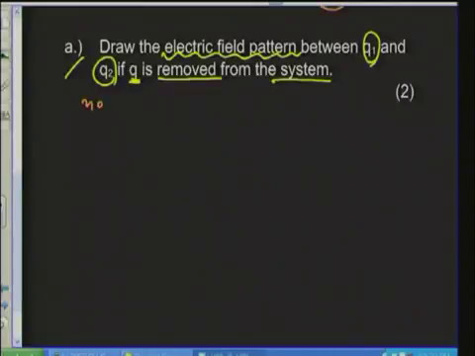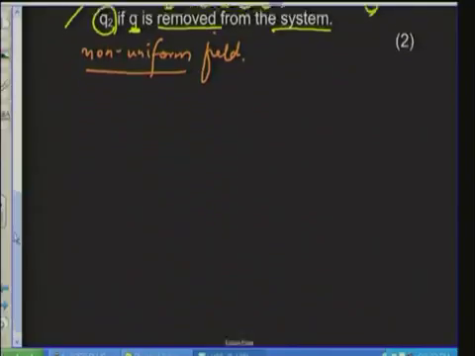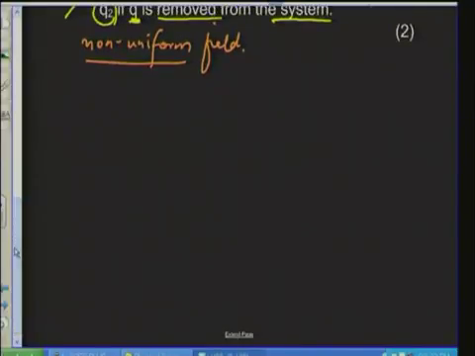But in this case, when we're talking about point charges, we're talking about non-uniform field. Okay, so I should note that here I've got a non-uniform field. Okay, so the field is not uniform. It's a field between 2 point charges.